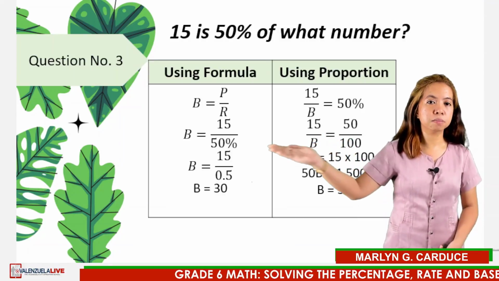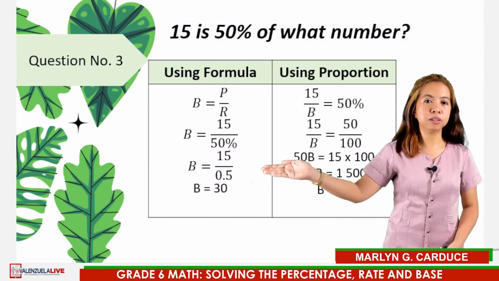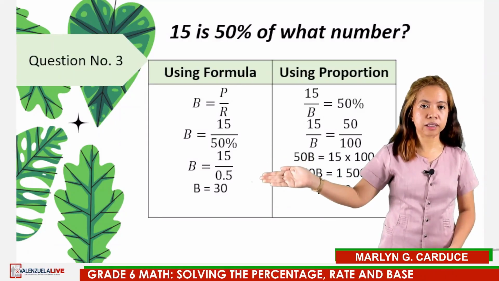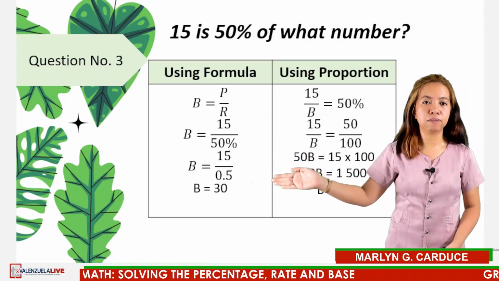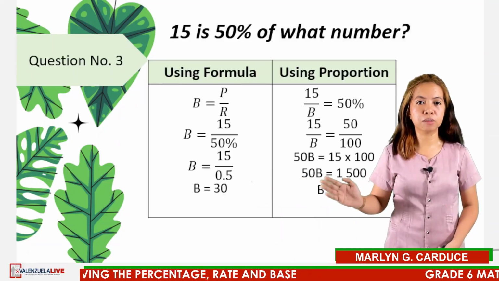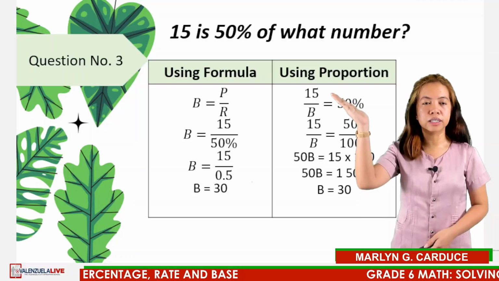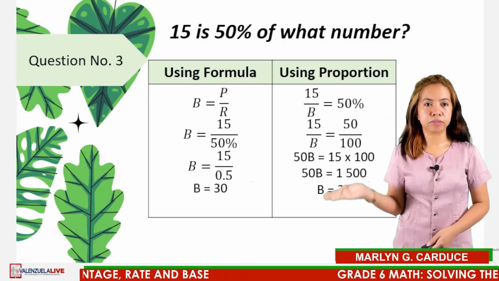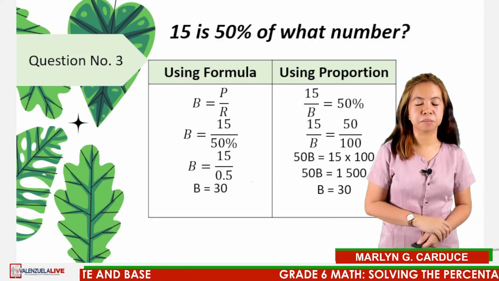And then change the 50% into decimal form. That will be 5/10 or 50 hundredths. So divide 15 by 5/10 and we come up with the answer 30. So our base is equal to 30. The same thing when we use the proportion, we also get 30 as our base.